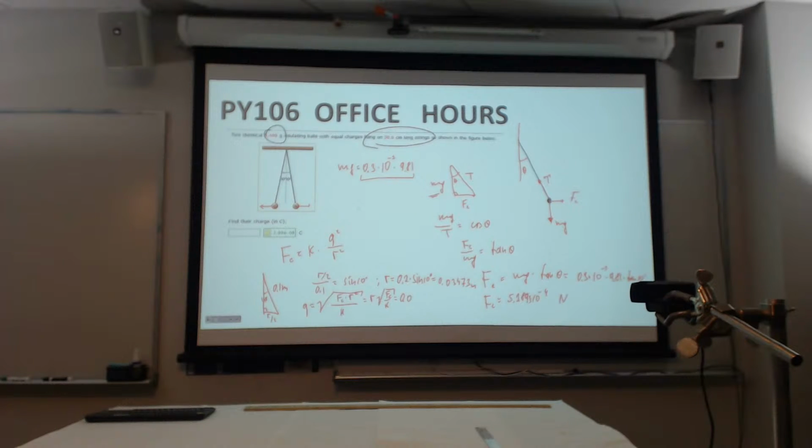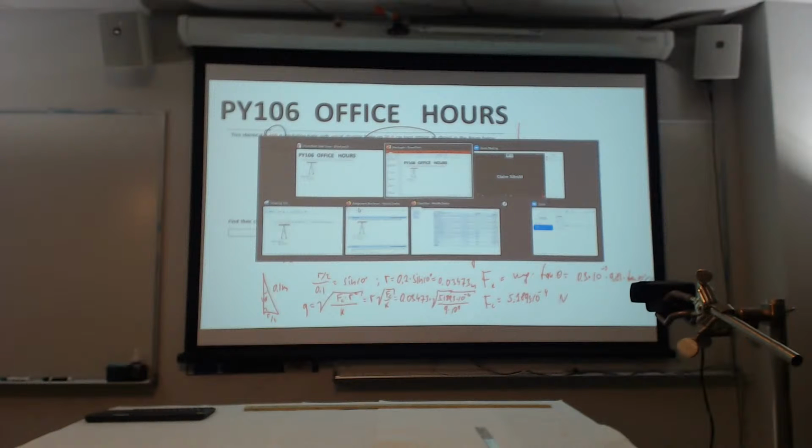So 0.03473 times square root of 5.1893 times 10^-4, divided by 9 times... Actually, this is what I want to check. WebAssign may actually be using 8.99.